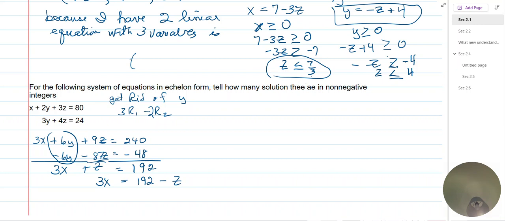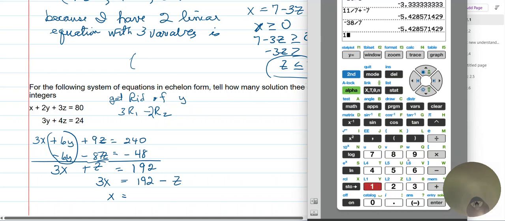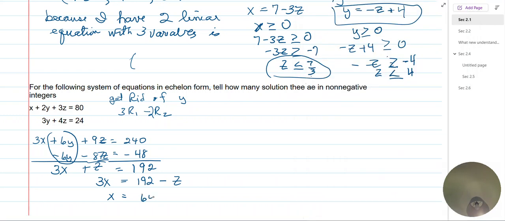So let's see, what do I do next? Do I divide by 3 and get a third? And so we're going to divide by 3. 64. 64 minus z thirds.